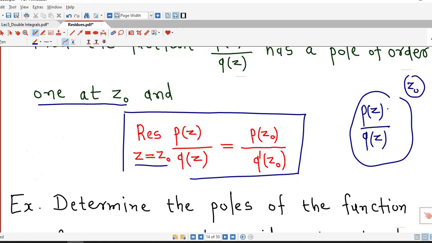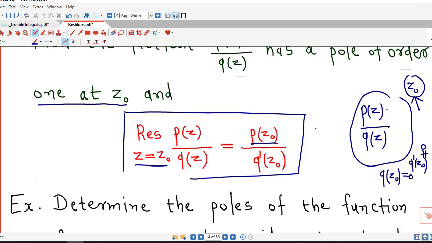The first requirement is that both functions p and q must be analytic at z0. The second requirement is that the value of p at z0 is non-zero and the value of q at z0 is 0, but the value of q dash at z0 is non-zero. That means q(z) has a simple 0 at z0.